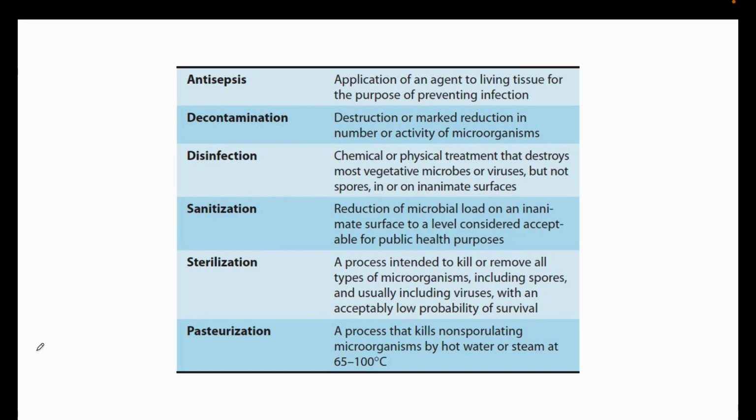So these are a few definitions you need to understand before. Antisepsis is defined as any agent applied to a living tissue for the purpose of preventing infections. It is a chemical agent, like Dettol, or different antiseptic creams.